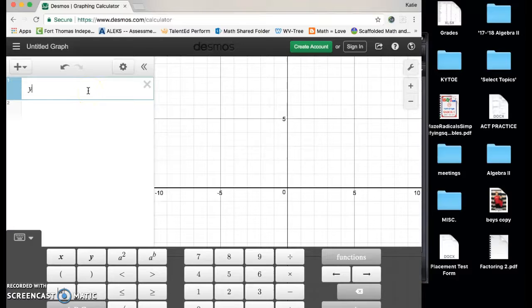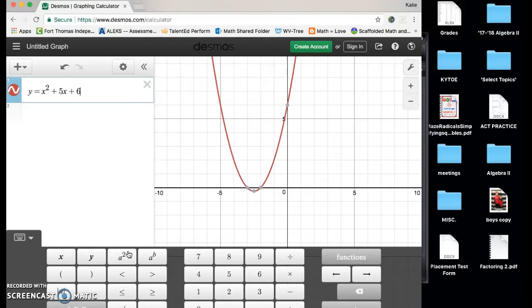For example, if I put y equals x squared plus 5x plus 6, it gives you your full parabola, and then you can hover over these points and it tells you what those points are. If I asked you to solve this quadratic by graphing, type it in here and you look: x would equal -3 and x would equal -2. Those would be your solutions to that quadratic equation.